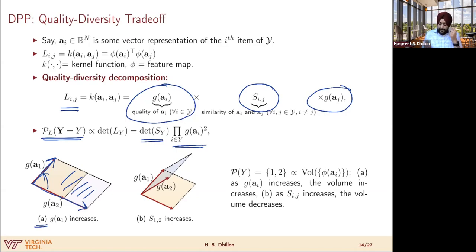On the other hand, when the similarity score increases, or the angle decreases, then the area of the parallelogram also decreases, which means the probability that you'll be selecting these two items together also goes down. So you can basically control this quality diversity trade-off using this quality diversity decomposition.